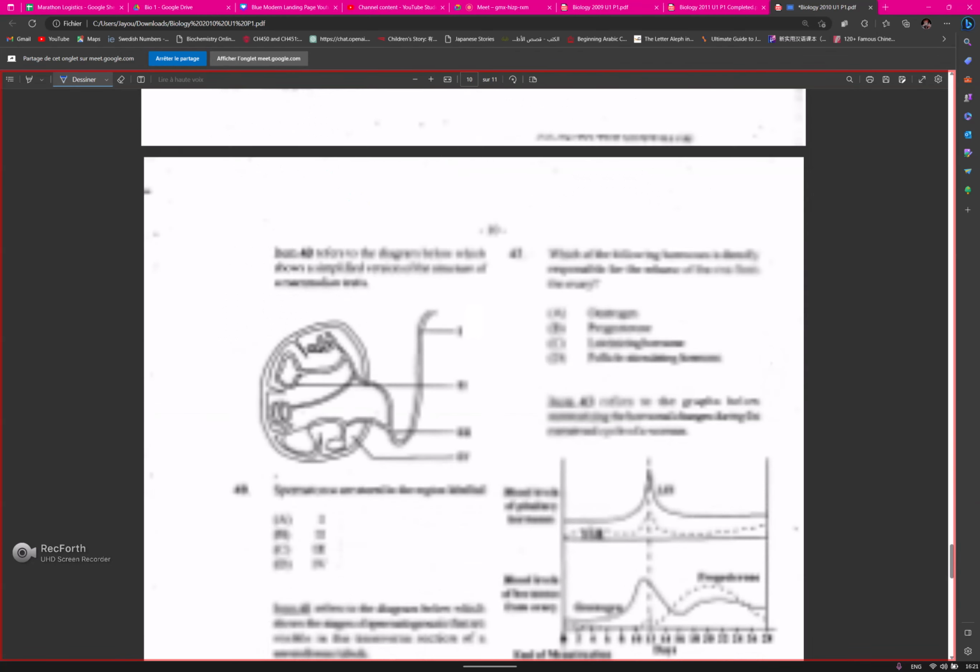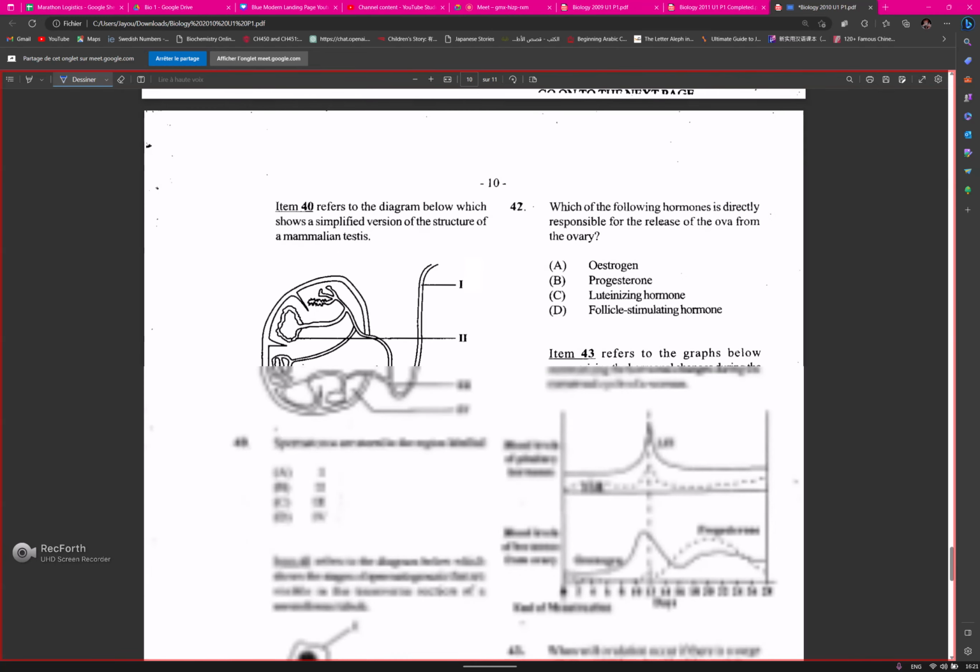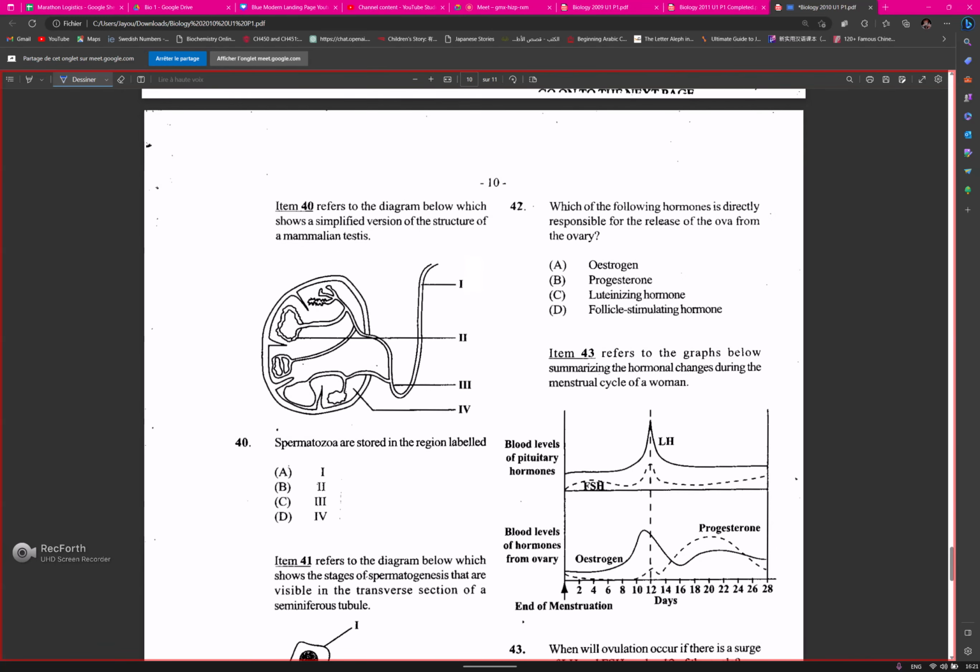Here now. For T, I believe, spermatozoa are stored in a region labeled. So we're saying 3, do we agree? Where are they stored? What's the name of the region?